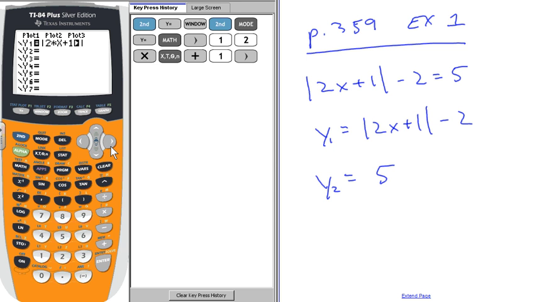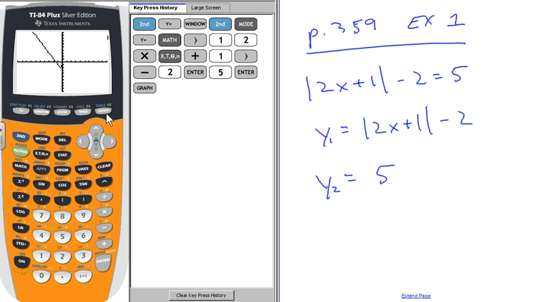Now I'm going to hop out of the absolute value bar, and I'm going to subtract the 2. So there's one equation. For the second equation, it's simply 5. Enter.